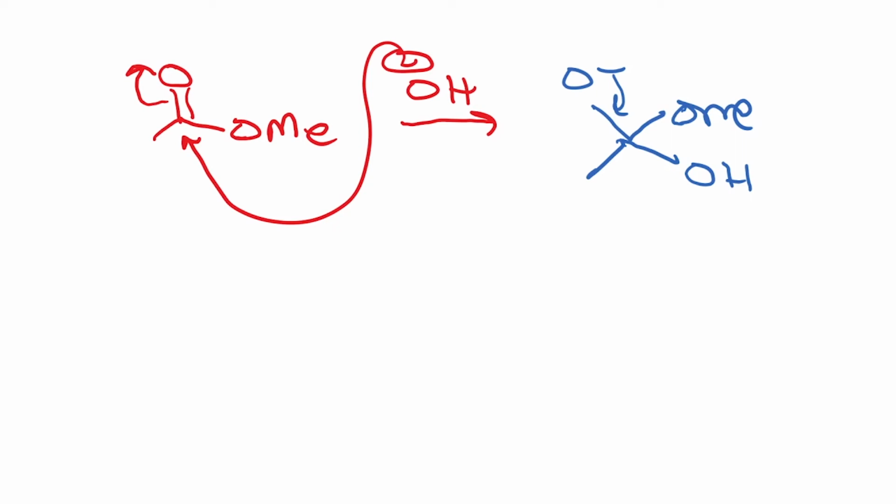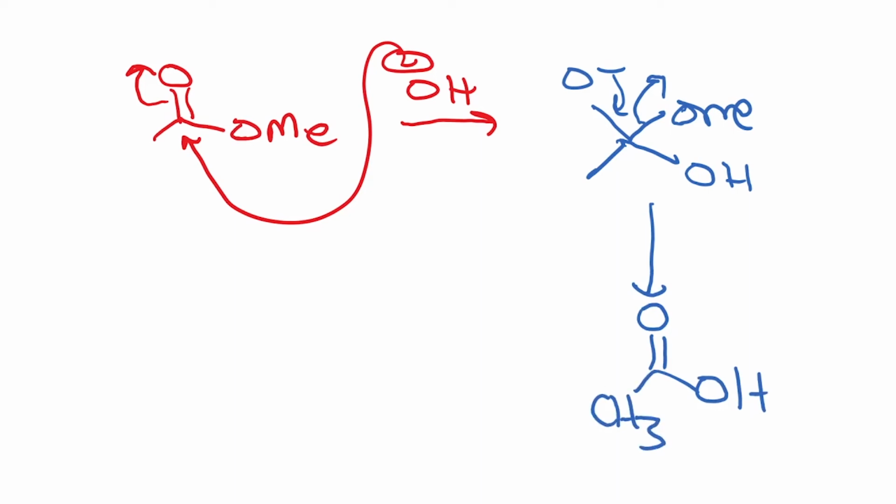If it does kick out the methoxide, then it's going to produce a carboxylic acid. When this carboxylic acid is produced, you all know that in the presence of a base, it's going to very quickly give you the carboxylate, which is not going to react further.